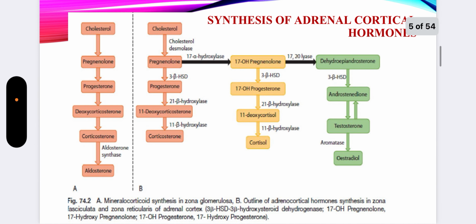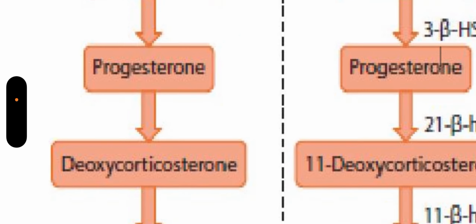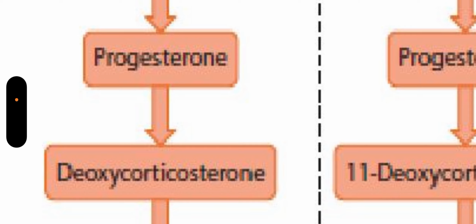Now we will talk about the synthesis of these adrenal cortical hormones. First, the synthesis of aldosterone, or mineralocorticoid. In part A of this flow chart, the substrate is cholesterol. It is converted to pregnenolone, which is further converted to progesterone.